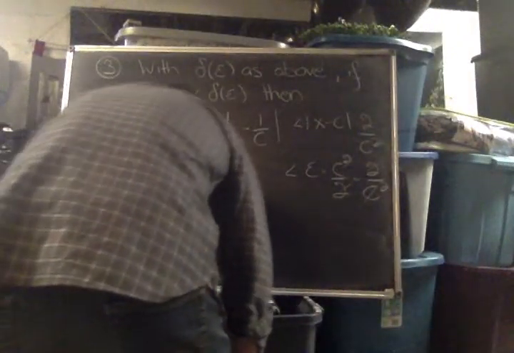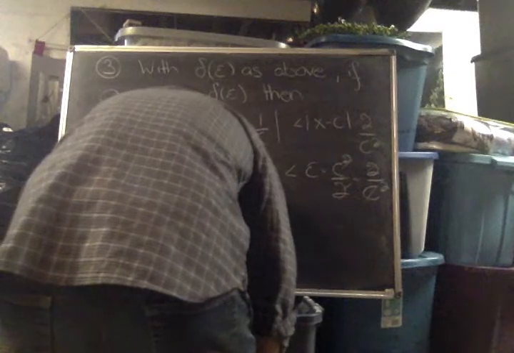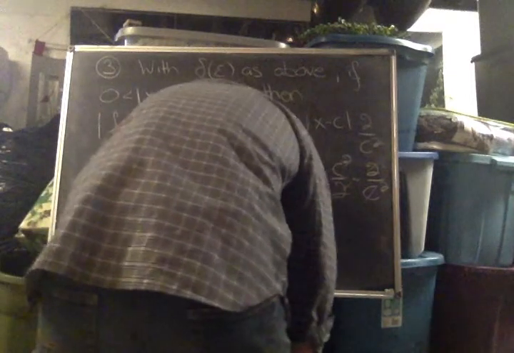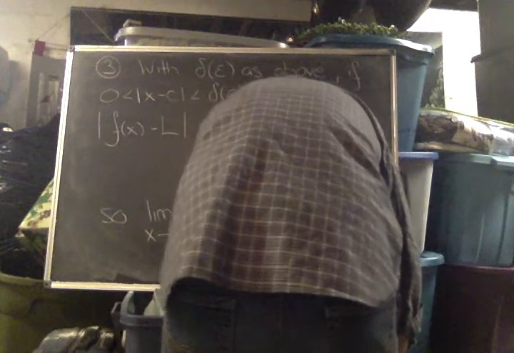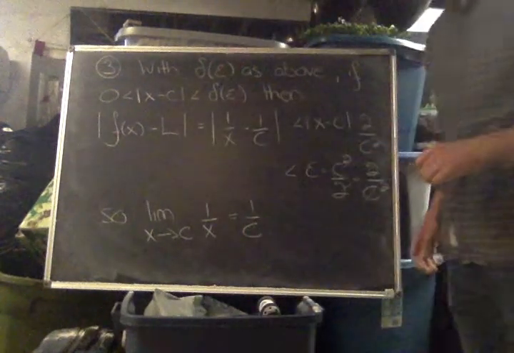So, in conclusion, the limit as x approaches c of 1 over x is indeed equal to 1 over c.